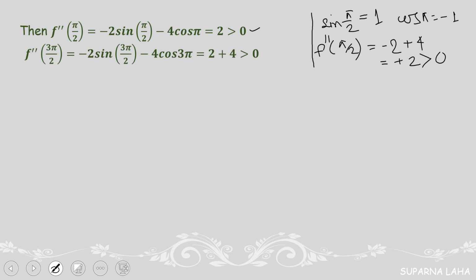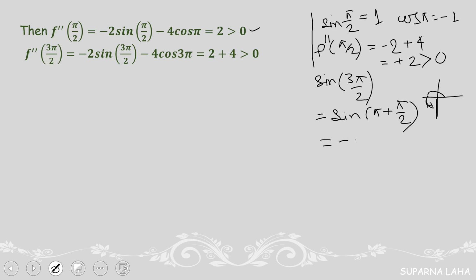Now for the second one, that is 3 pi by 2. So what is sin 3 pi by 2? Sin 3 pi by 2, I can write this as sin of pi plus pi by 2, that is 3 pi by 2. So pi plus pi by 2 means going 0 to pi and then pi by 2 more, so it lies on this axis.